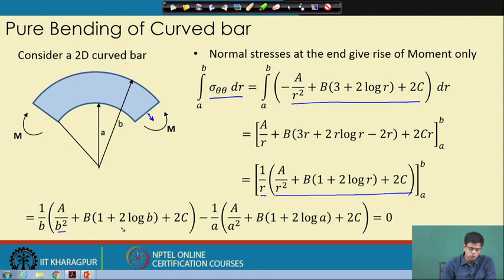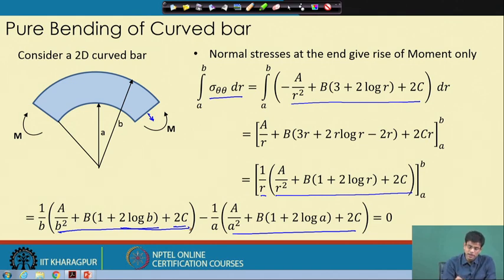If I substitute a and b in place of r, we get a by b square plus b into 2 log b plus 2c, and then 1 by a square plus b into 2 log a, 1 plus 2 log a plus 2c. Now, this is 0 from equation 1 of the previous slide, and this is 0 from equation 2 of the previous slide.